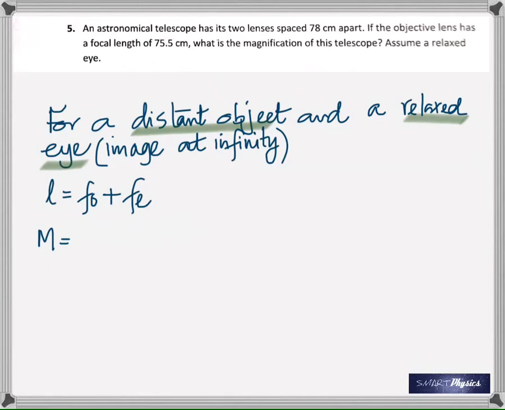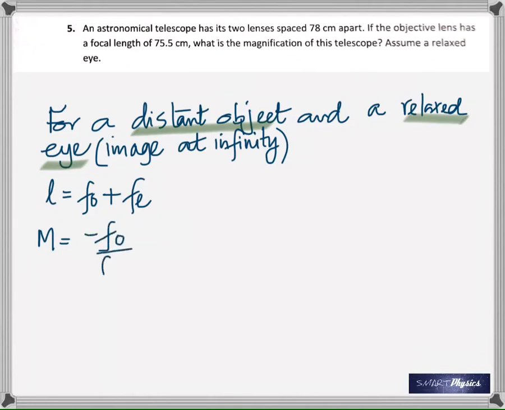Okay, so if you have the total length of the telescope, that will be the sum of the focal lengths, because the image produced by the objective must be exactly at the focal point of the eyepiece. That's when it can produce the final image at infinity.